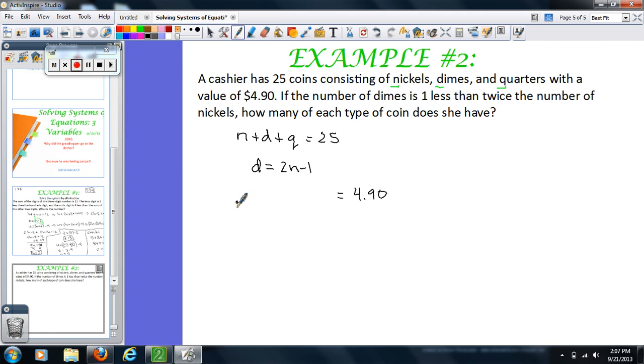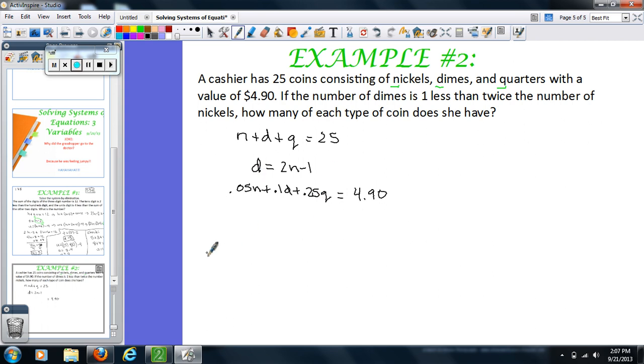So a nickel is 5 cents. So this would be 0.05N. That will give me the total amount of money you have in nickels. Plus dimes are 0.1D. Plus quarters are 0.25Q. This gives us our third equation.